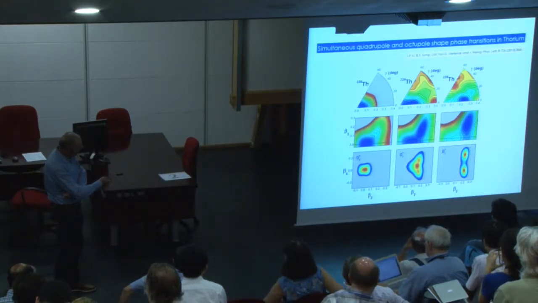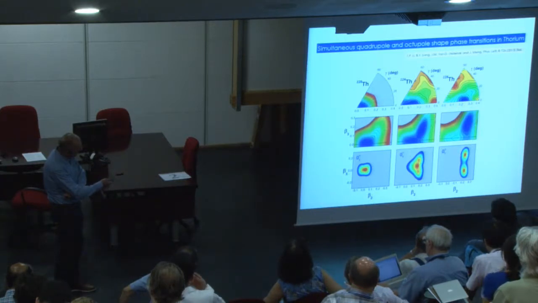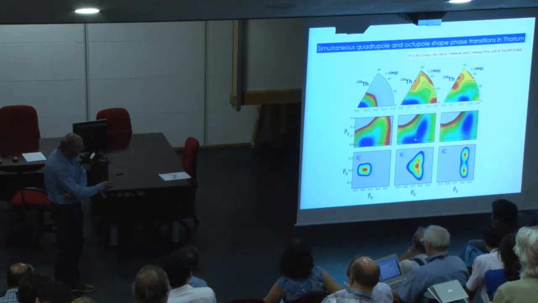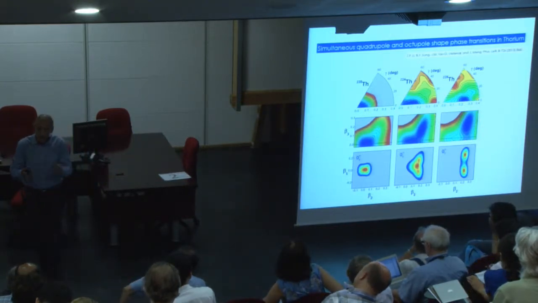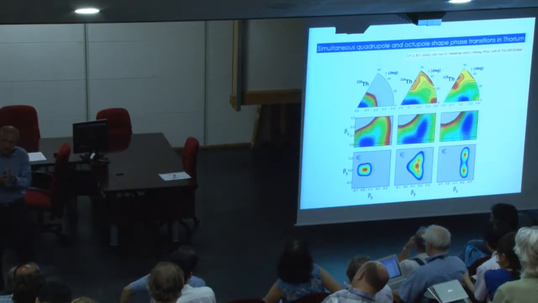So thorium-220 is a spherical nucleus. 228 has a pronounced octupole minimum. But now in 224, you see that both in the quadrupole plane and also in the octupole degrees of freedom, the potential is soft, it has an extended minimum.